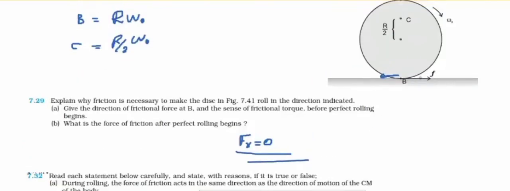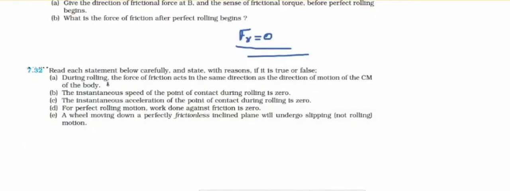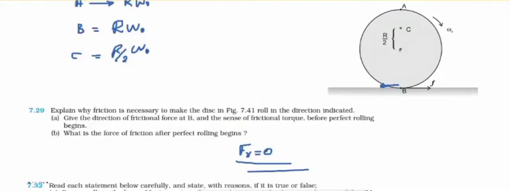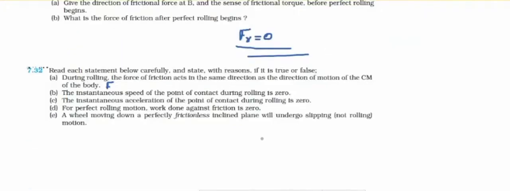So here from this diagram we can see, every time it pushes the surface backward, so friction is acting in the opposite direction. So the statement given there is a false statement. Friction is not always opposite to the direction of motion of the center of mass. Here you can see in the beginning, when the center of mass rolls towards here, friction is also in the same direction, not in the opposite direction, in the beginning of the rolling motion.